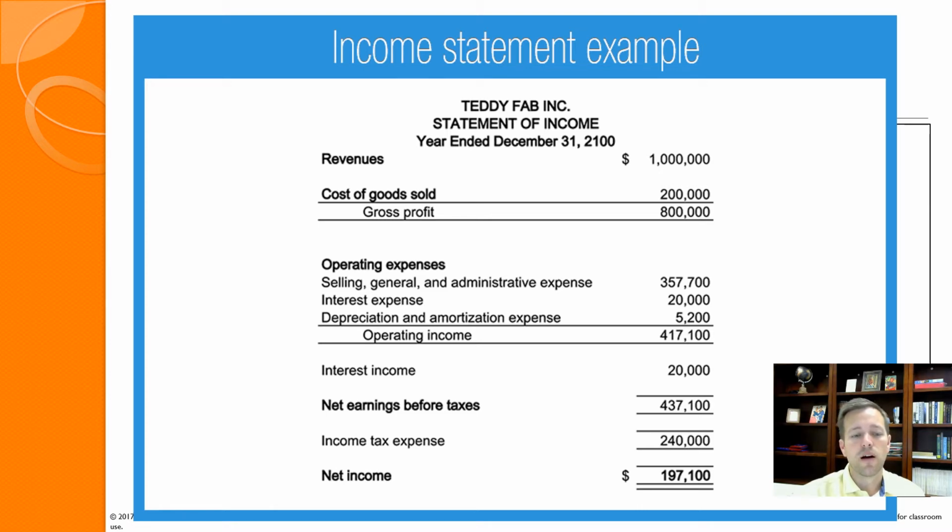And then our depreciation and amortization expense. That is the idea that, if I put a new roof on my building or if I buy a new piece of equipment, that asset is going to depreciate over time because it's going to wear out. So the life expectancy may be 10 years, 15 years, 30 years, but at some point I'm going to have to replace it.